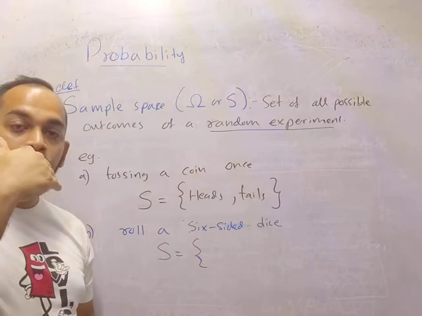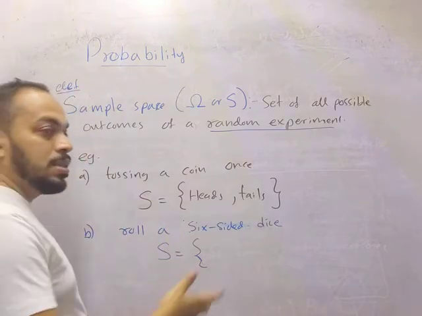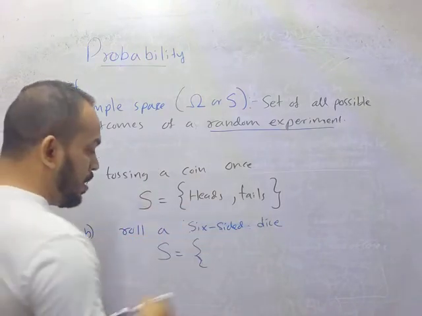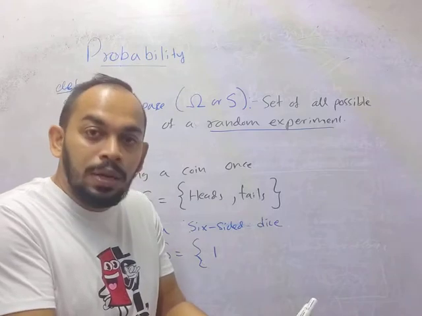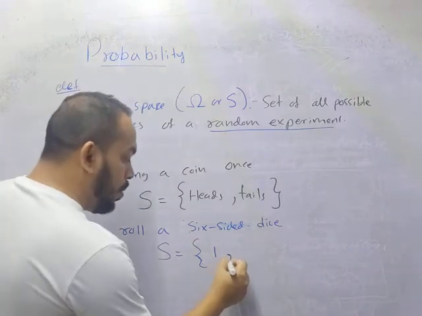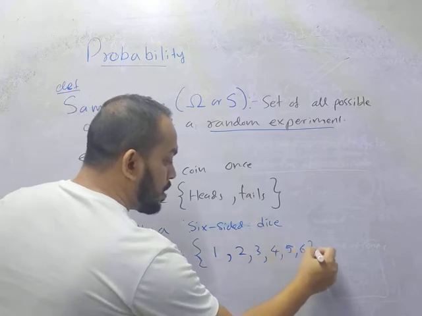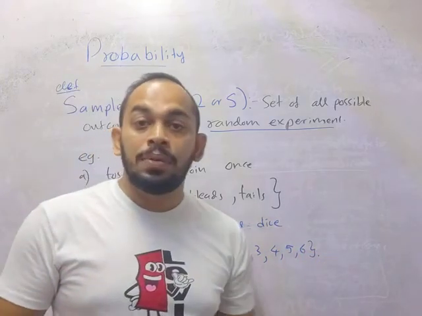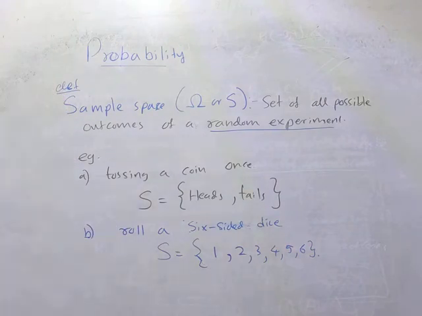That should represent all the possible outcomes of this random experiment. So if it is a six-sided die, marked from 1 to 6, you roll it, there's a possibility that you can get 1, 2, 3, 4, 5, 6. That's it. You can never get 7, 8, or anything else. So these are the possible outcomes.